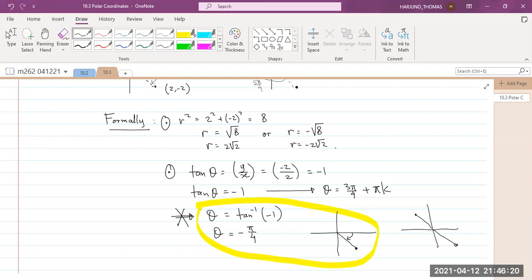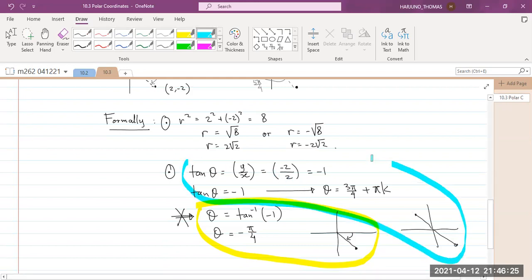So basically, if you use these, you get multiple solutions. Now, if you insist on using theta equals tangent inverse of the quotient, you will be forced to get only one solution, which is not true.